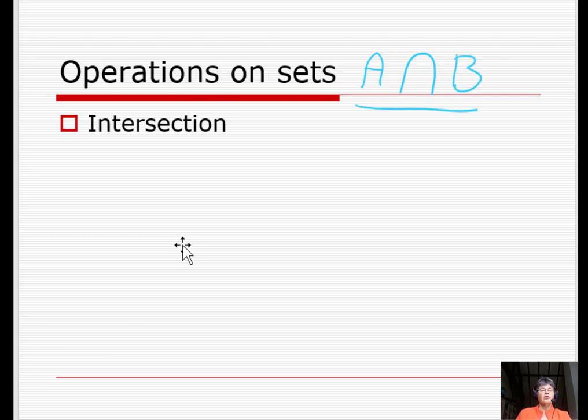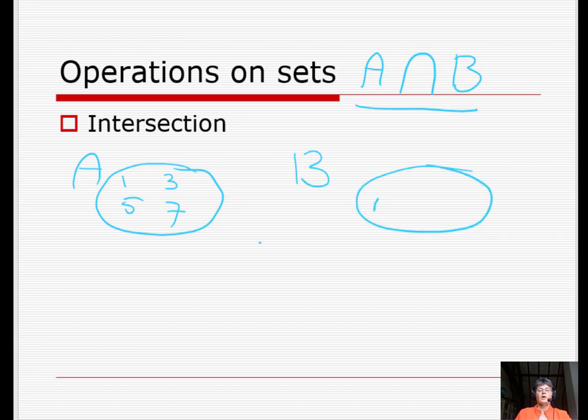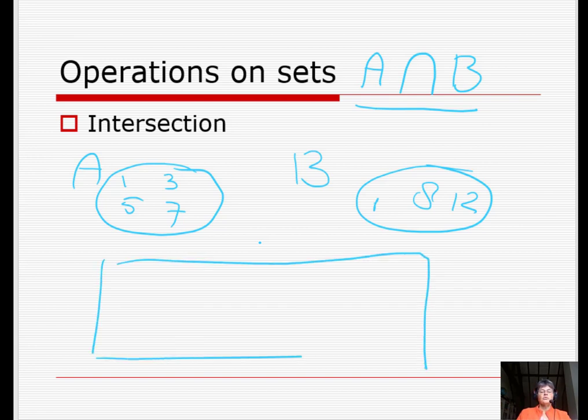If we look at the previous sets again, then we had a set A containing 1, 3, 5, 7, and a set B containing 1, 8, 12. If we combine these in one Venn diagram, we get this drawing.